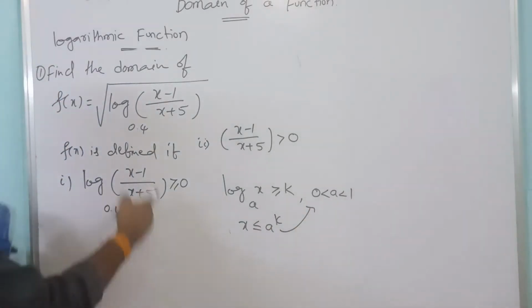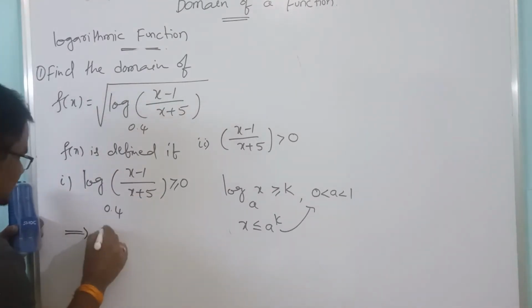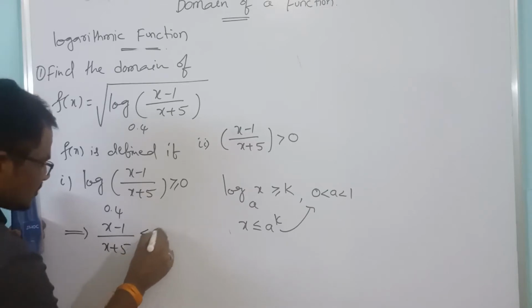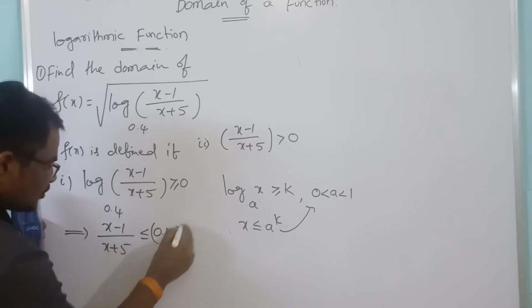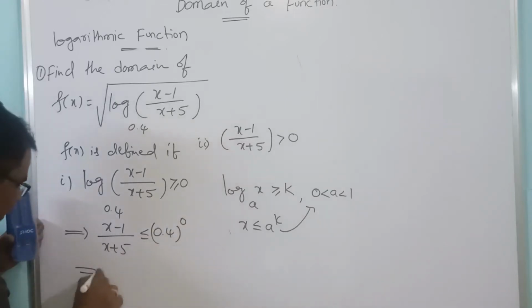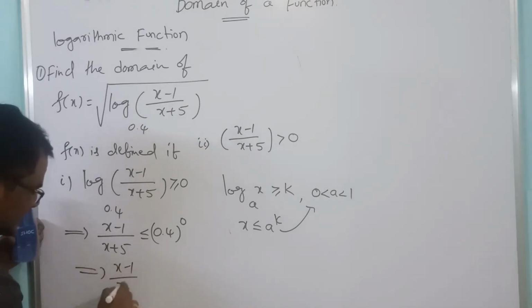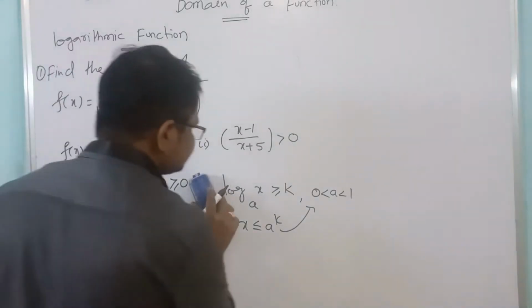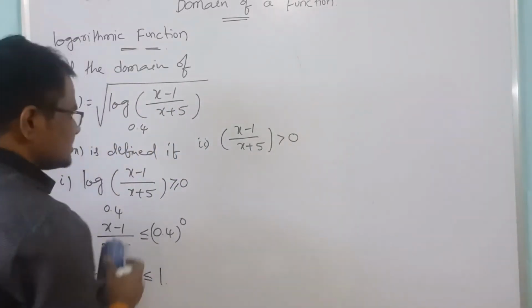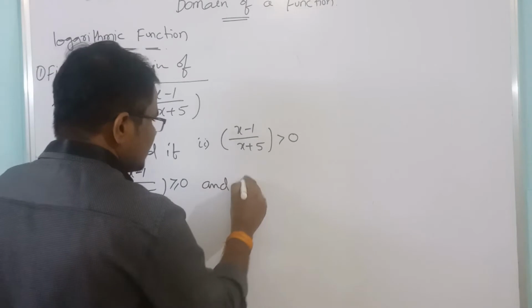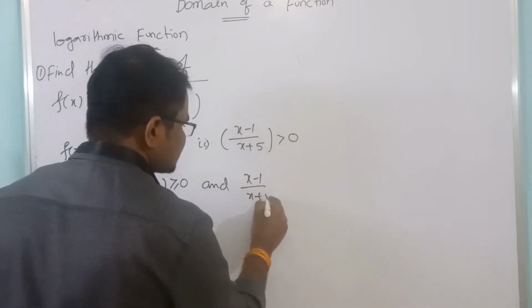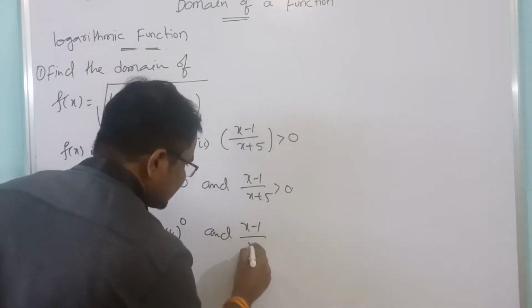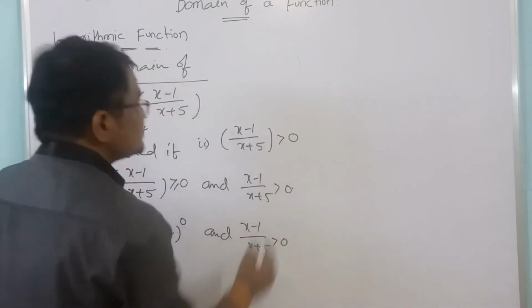By that condition, this can be written as (x minus 1) by (x plus 5) less than or equal to 0.4 whole to the power of 0. That implies (x minus 1) by (x plus 5) less than or equal to 1. Next, this one is as it is, (x minus 1) by (x plus 5) greater than 0. So here also same thing.